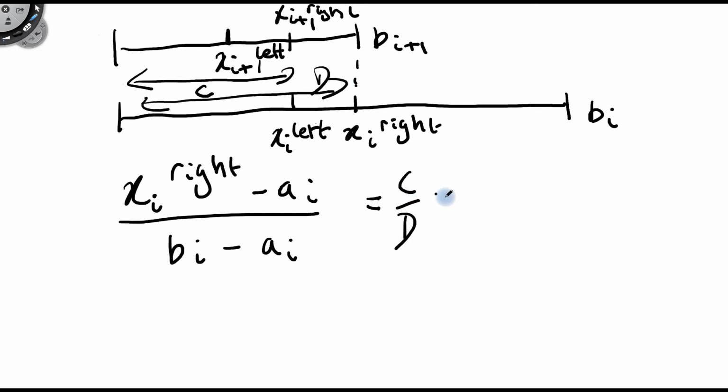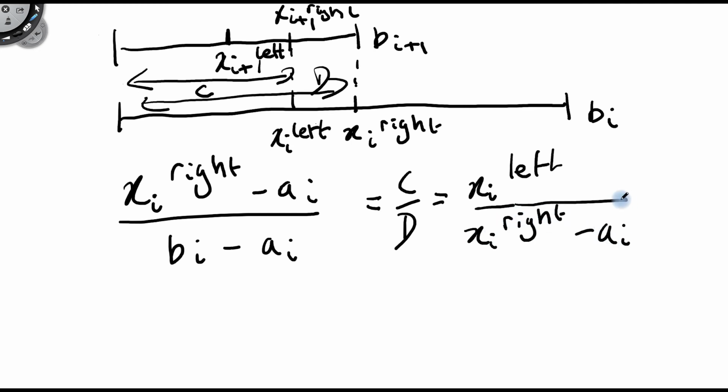So it's C on D, but C on D is actually x_i left, because those two points are in common, divided by D, which is simply x_i right minus A_i. Okay, so again, we're presuming this ratio is C on D. It's not so neat on this, but it was neater on the board before.